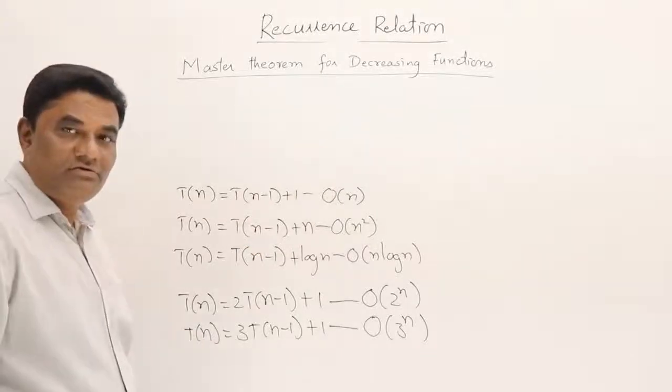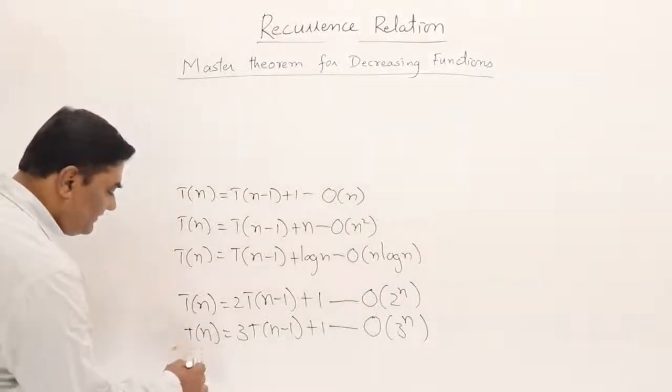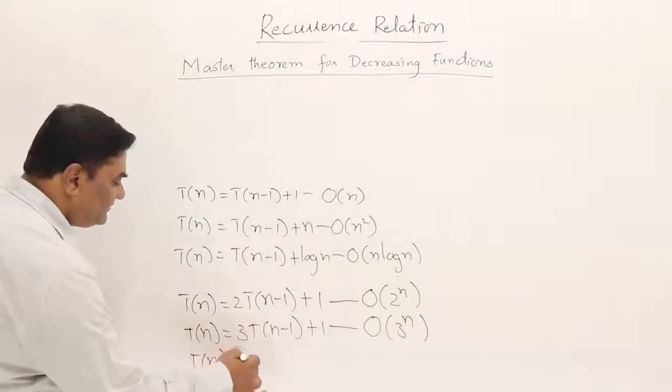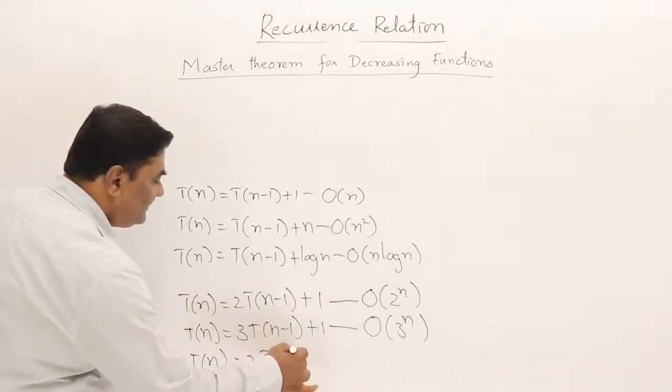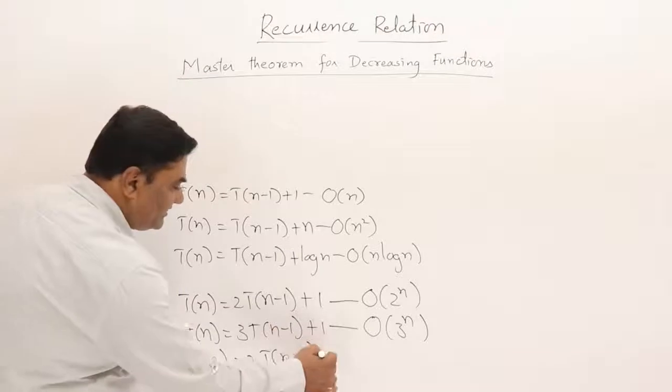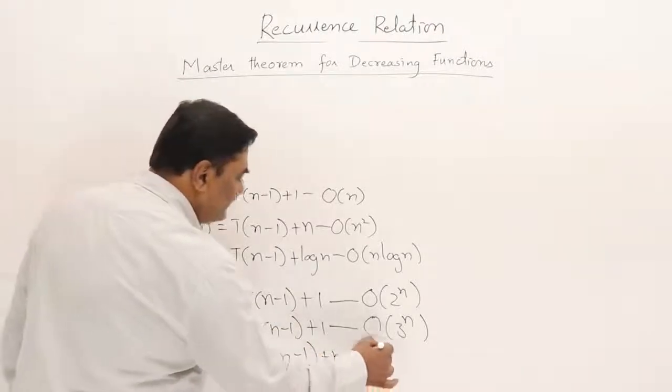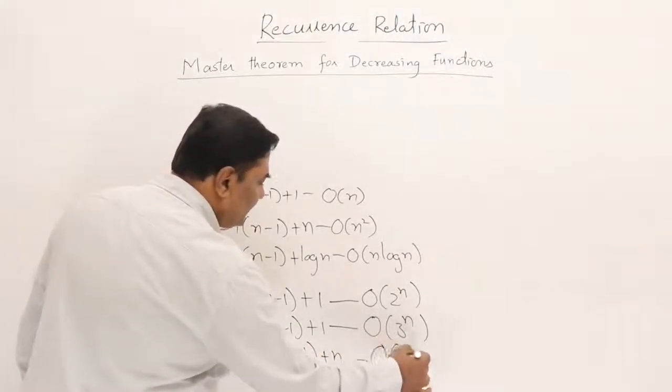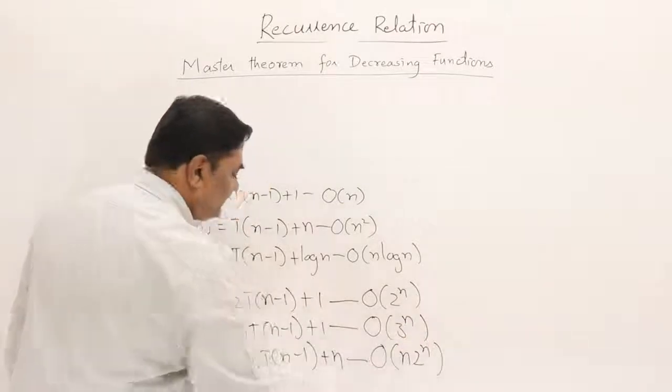Yes, true. And if we have T(n) = 2T(n-1), same as this one, plus n, then this will be order of n 2 power n.